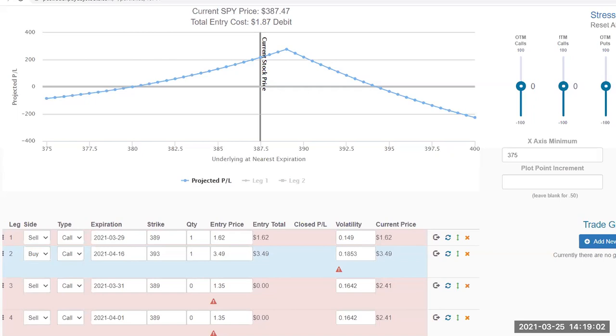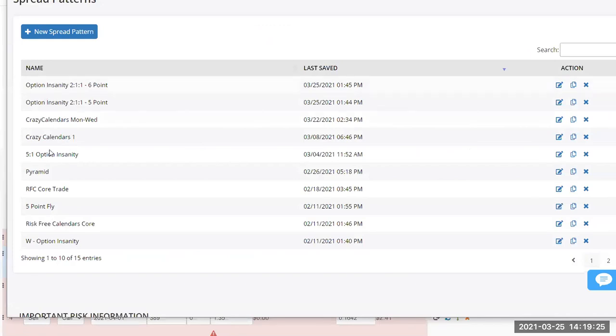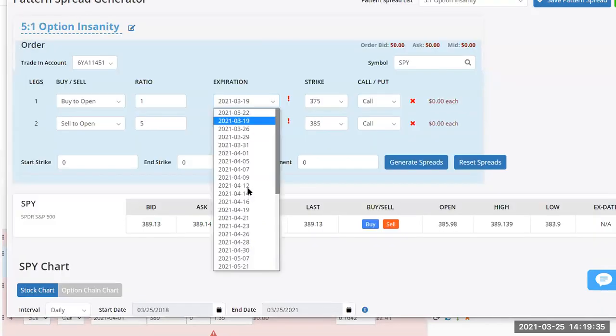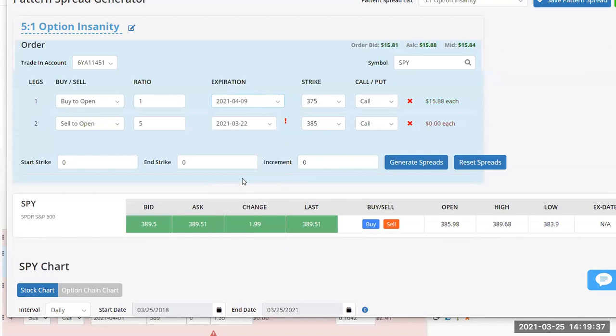Is there a 5-to-1 option in Sanity Finder and PDS Trader? Eli, yes. We're having a slight data issue with SPY data in PDS Trader right now, but you can take a look at Trade Partner. Right, so here's Trade Partner. My mouse is going crazy. And here's a 5-to-1 option insanity pattern. I'll click on that. I'll change the dates to, let's just see what's available on 4/9, 4/12 right now.